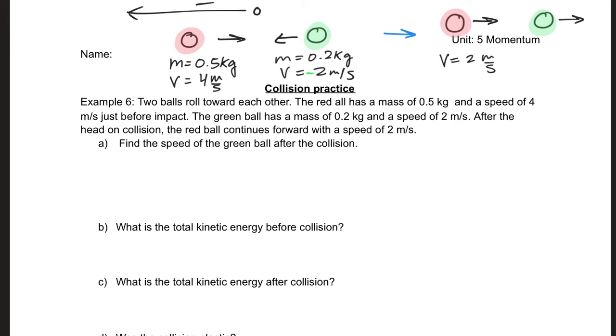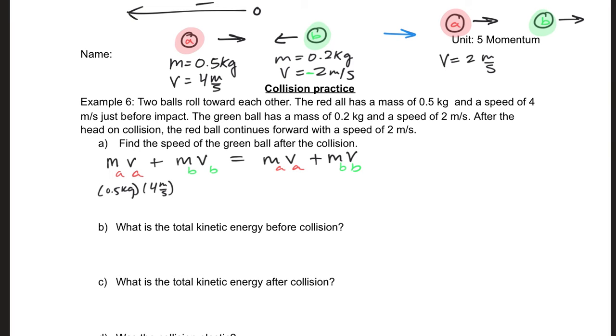So we're going to start with our equation. We know that these objects don't stick together, so we're just going to use m v plus m v equals m v plus m v, where A is the red ball and B is the green ball. So the mass of A is 0.5 kilograms, and the velocity is 4 meters per second.